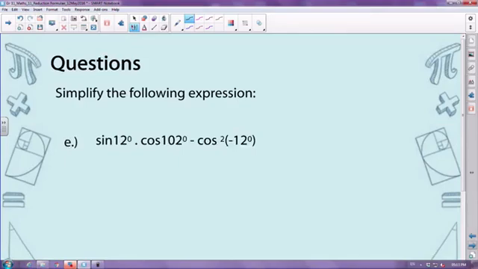Right. Now, guys, we'll look at the last one. I give you only 1 minute. Just quickly look, reduce it.